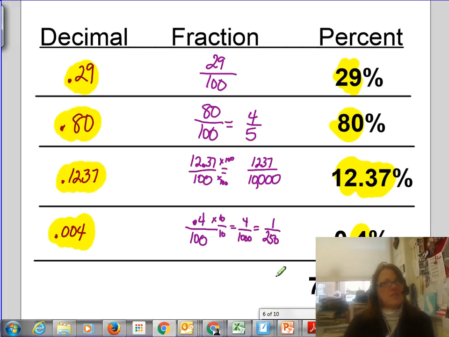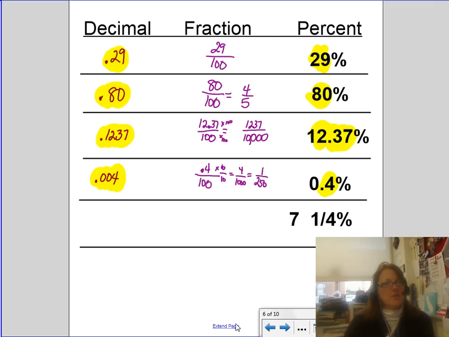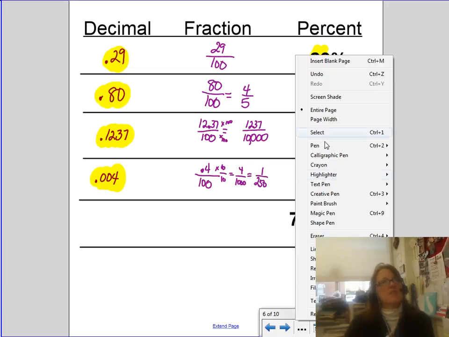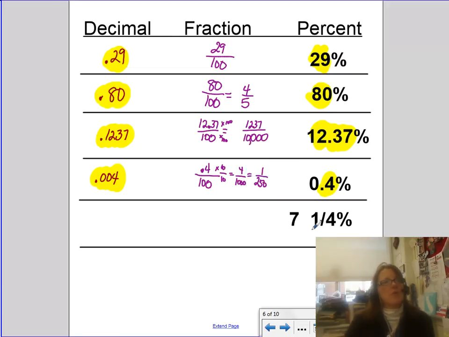It looks like I missed one example that was pretty important though. So I want you to add one more in the percent column that says 7 1/4%. Do you know what 1/4 is right away? As a decimal? Plug it in. 7.25%.